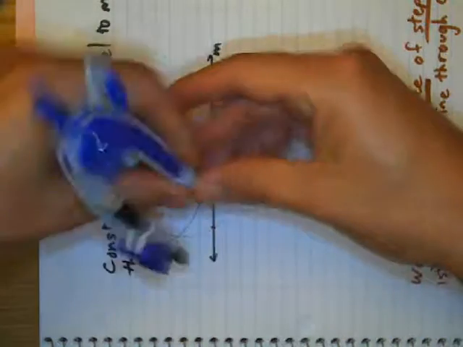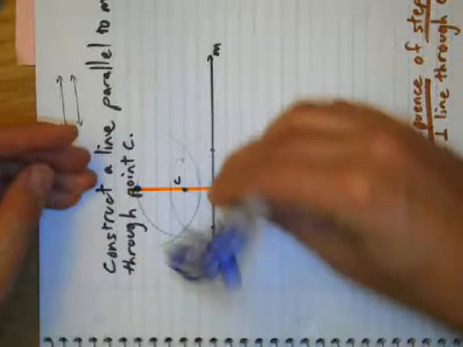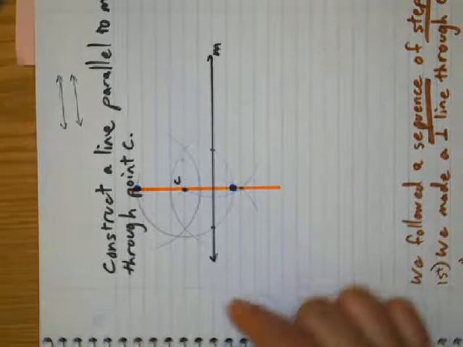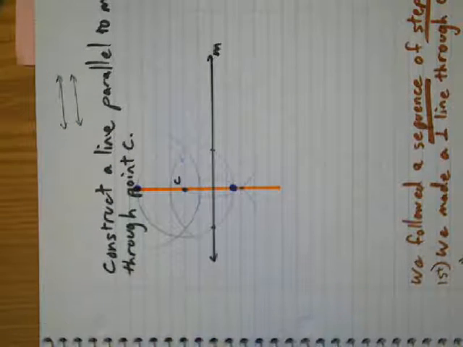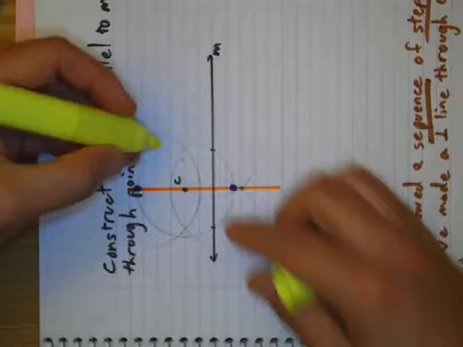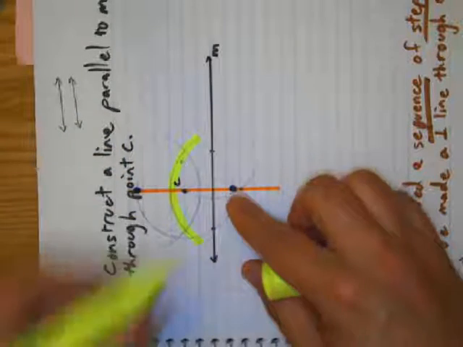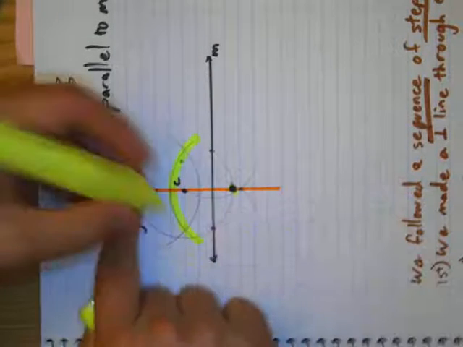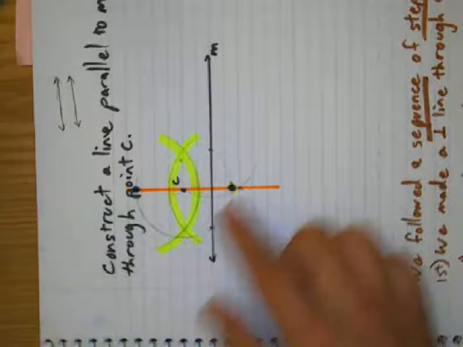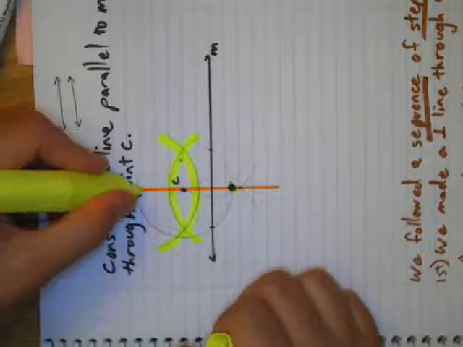And then I'm going to go to this other blue point. I'm going to make the radius just a little bit bigger. And where those 2 radiuses, so the arches that I just drew, because now it's kind of complicated. The arch that I just drew, this one here from point B, and this one here, these yellow arches came from these points.